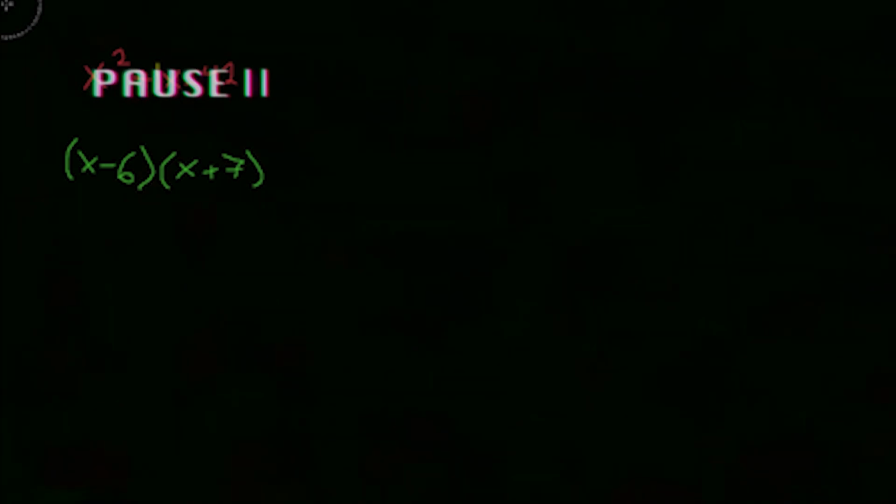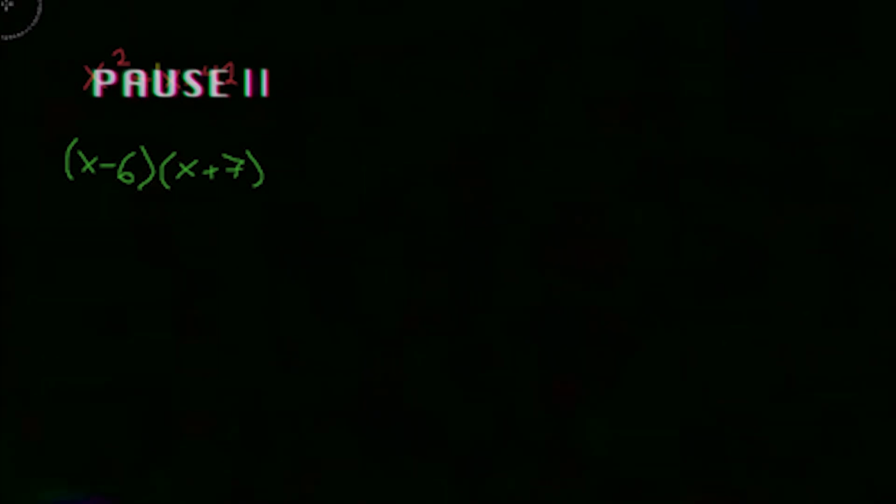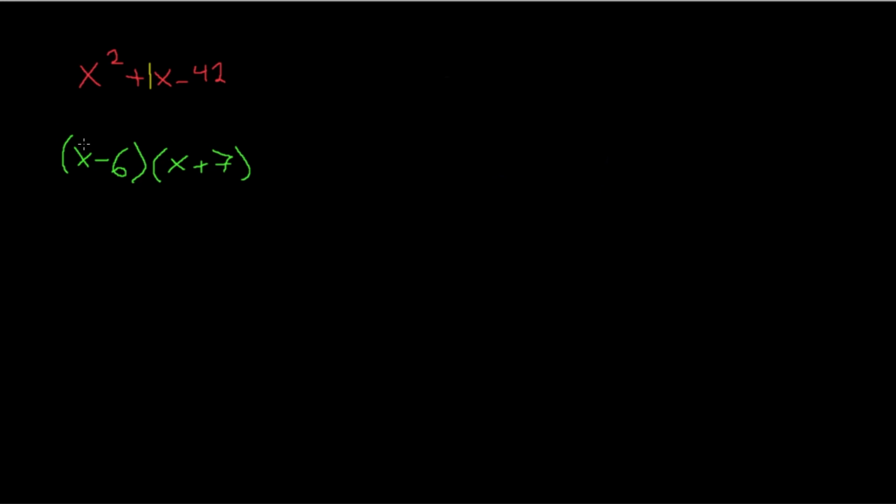So first, outside, inside, last: you take the first terms, multiply the outside terms, then the inside terms, and then the last terms. So if we multiply x and x, we get x squared.